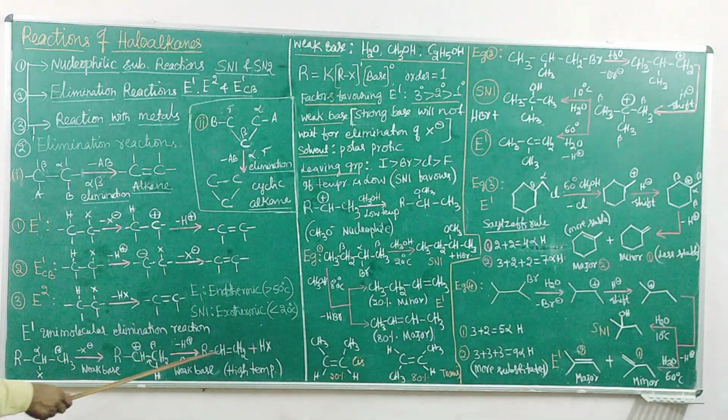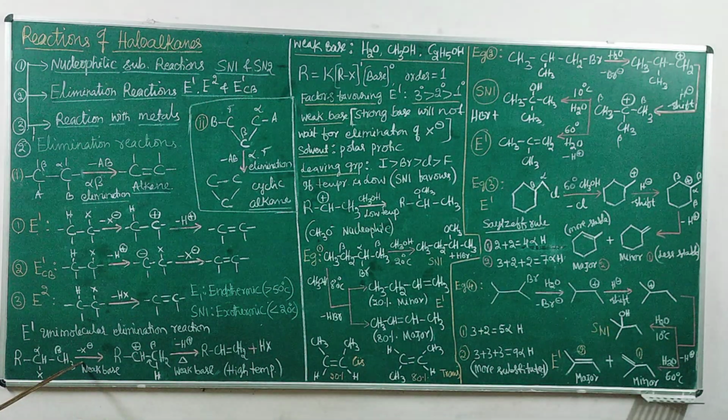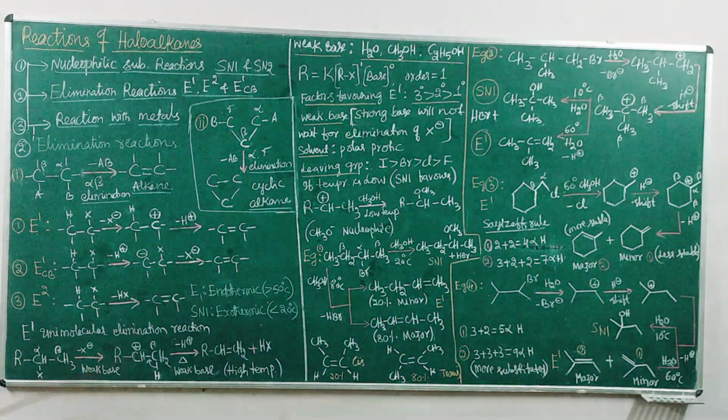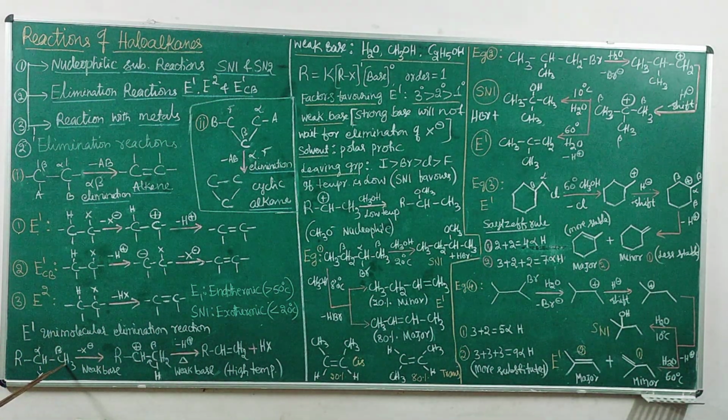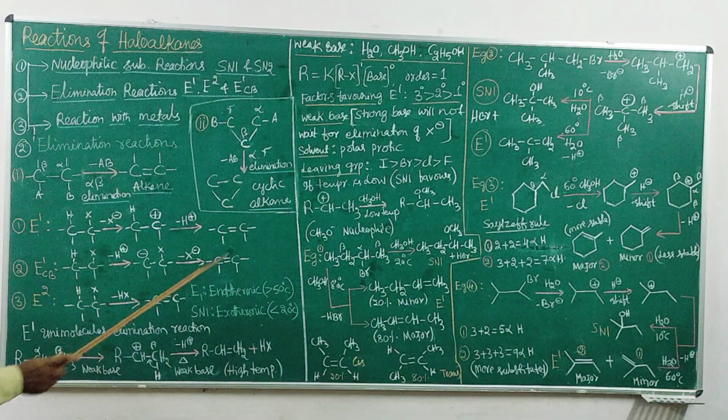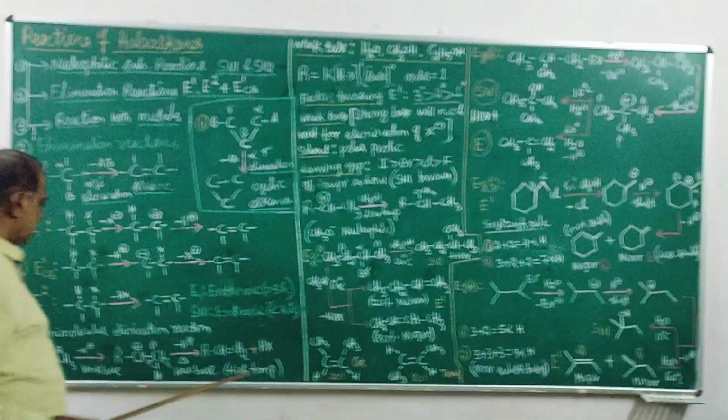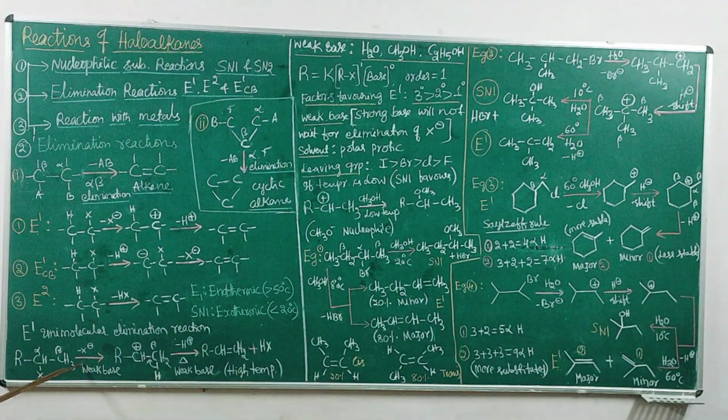This step is of course the first step. The rate of this reaction depends on the concentration of this substrate. There is no other term, the concentration of base is to the power of 0. So the rate does not depend on the concentration of base.